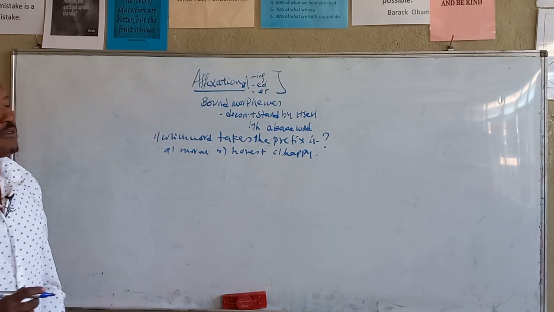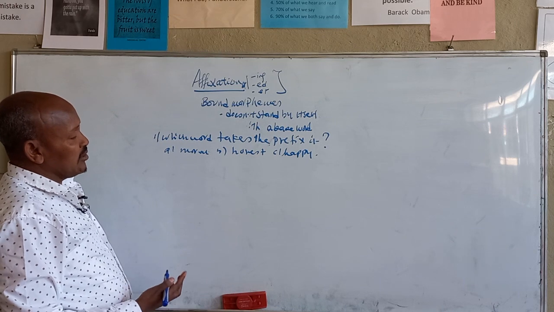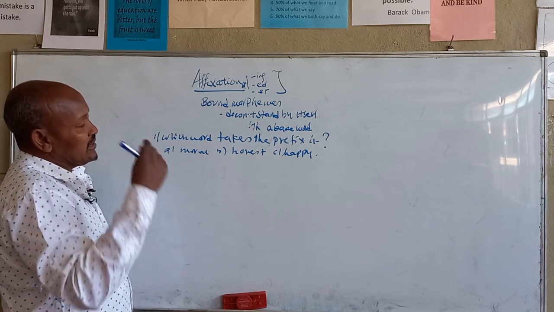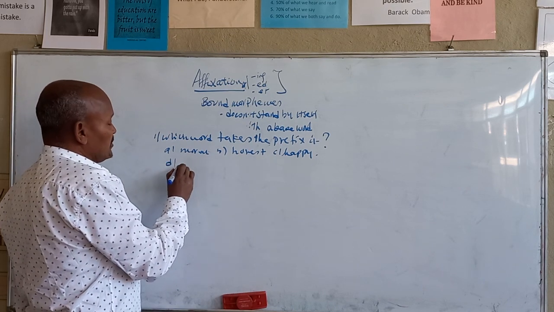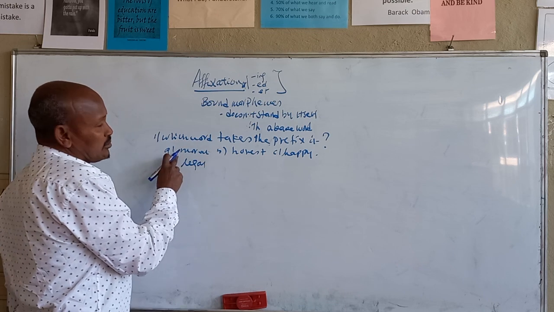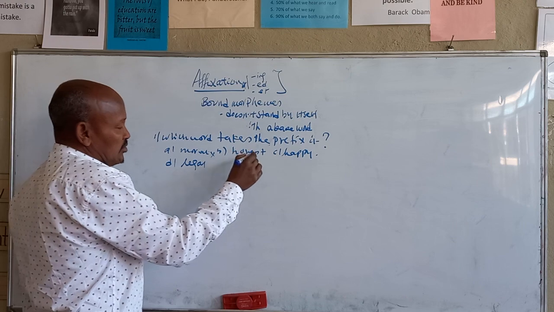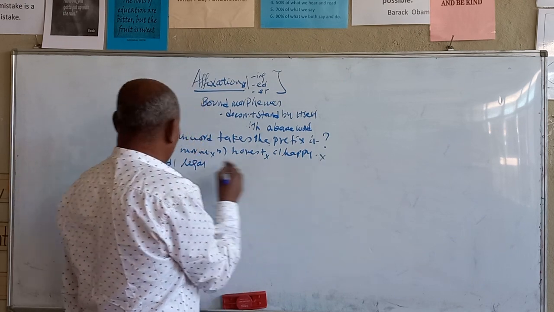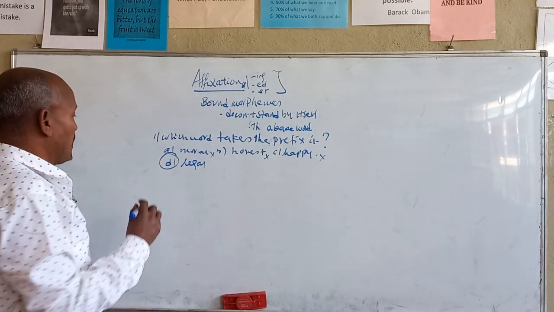So I have to find out the base word and then which word takes the prefix ill. Is it possible to add the prefix ill? Immoral, no meaning actually. Honest, no meaning. Happy, no meaning. Illegal, so this is the right word.